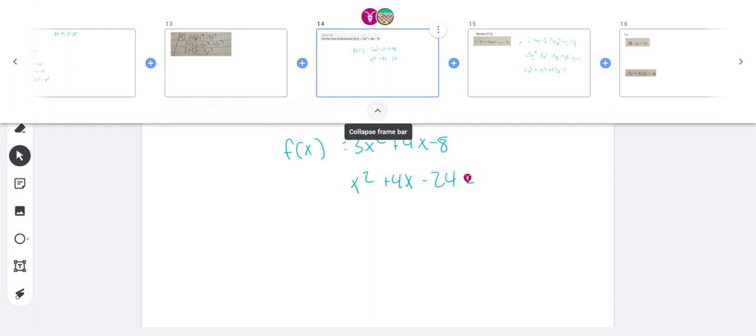The roots is what f of x equals 0. So you need to list out all the factors of 24, like 2 times 3 times 8, 4 times 6.